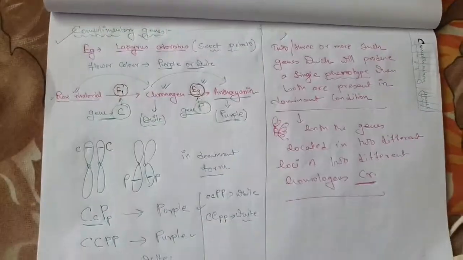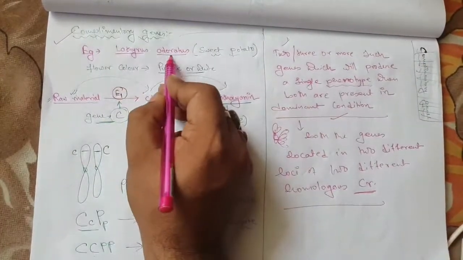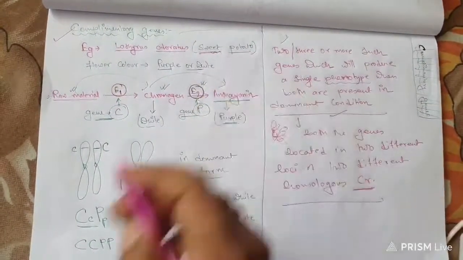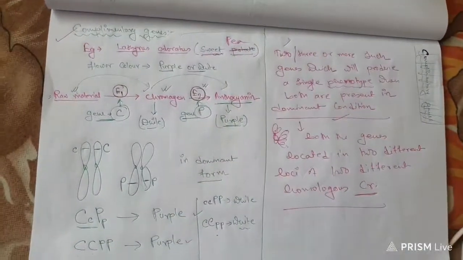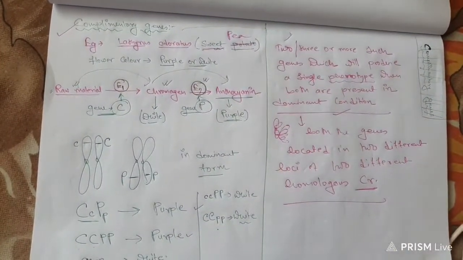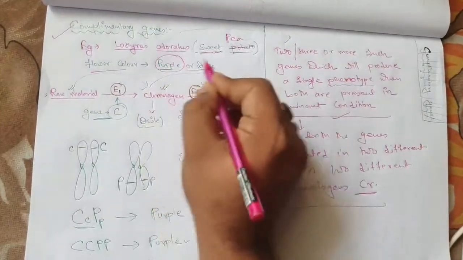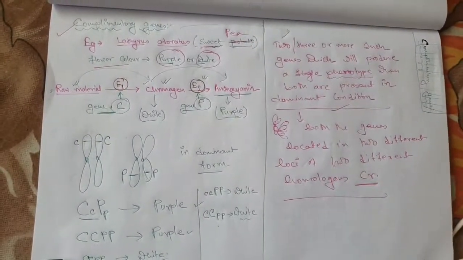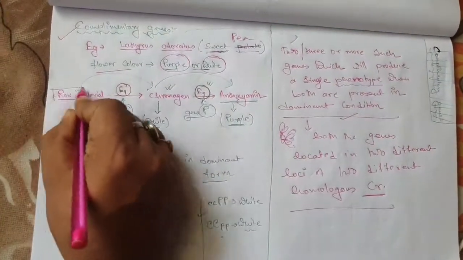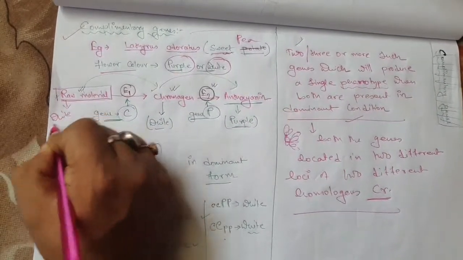To understand the complementary genes, the definition, we will take the example of Lathyrus odoratus, which is actually sweet pea, not sweet potato, sweet pea. Now this Lathyrus odoratus sweet pea, its flower color can be either purple or white. At first there is a presence of raw material which makes the color of the flower white.